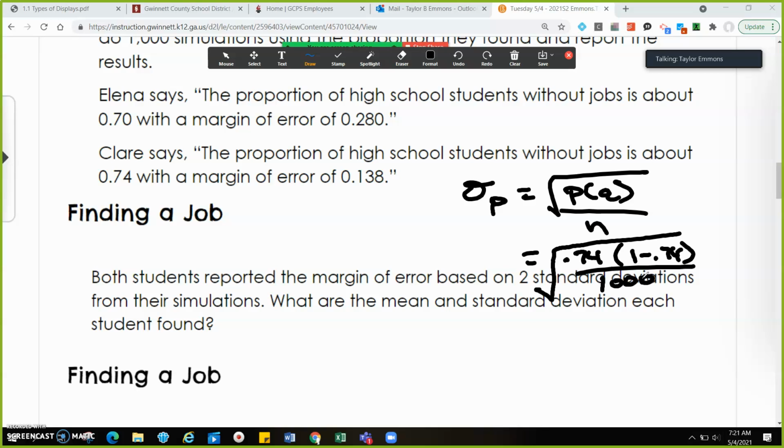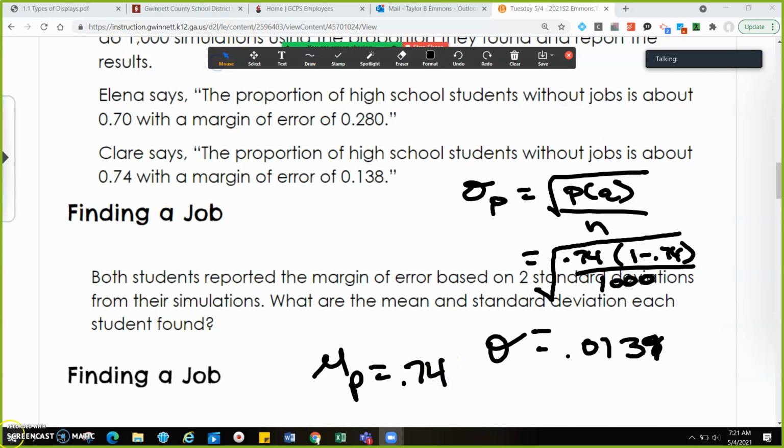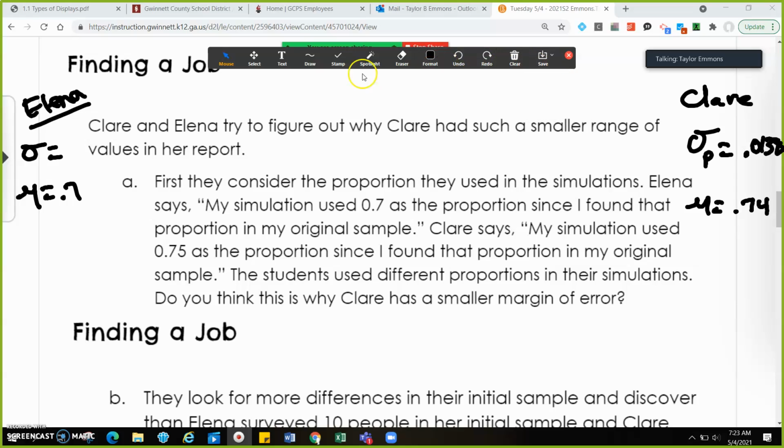When we put that into our calculator, we're going to get a standard deviation of 0.013 or 0.014. Let's do all the way out to 9. And then remember, our mu of our proportion is going to be 0.74. I'm writing this information down here so that we have it, 0.0145.